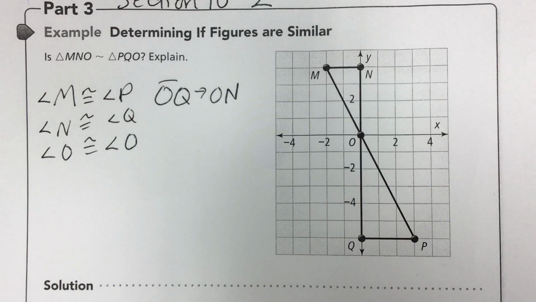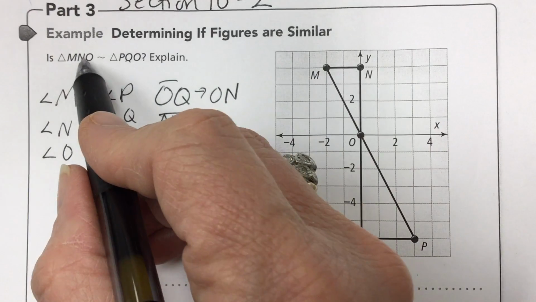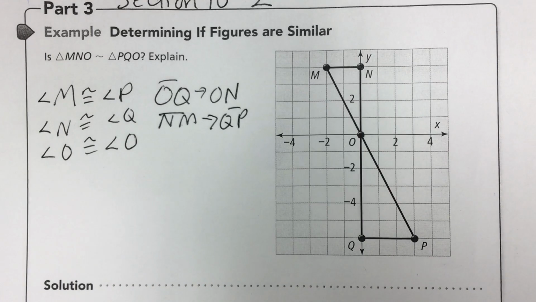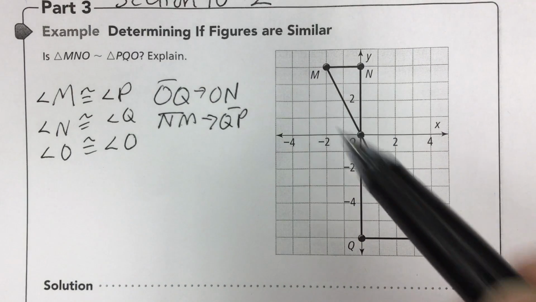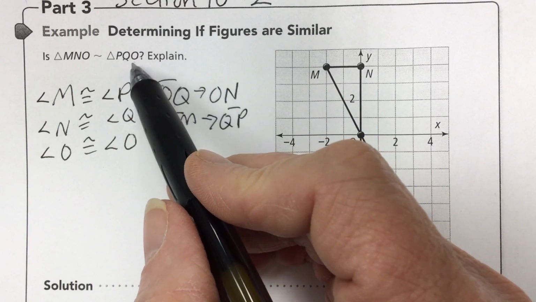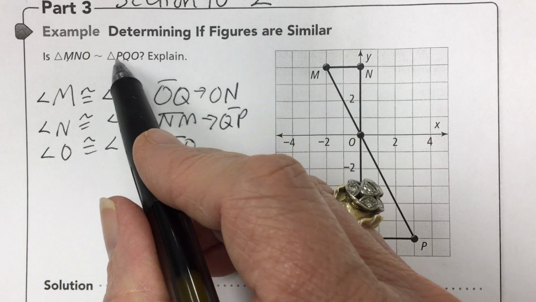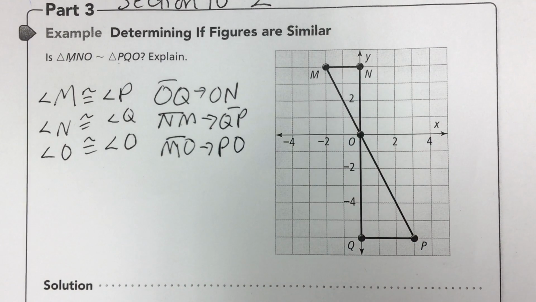NM corresponds to QP. And the last one, MO corresponds to PO. So that's what I'm going to be using to determine if they all have the same scale factor.